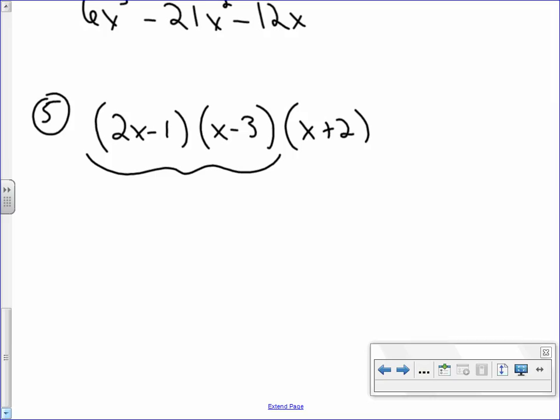What am I gonna use for this? FOIL. Everybody please do FOIL, double distributive, box method, whatever works, and get that answer for you.